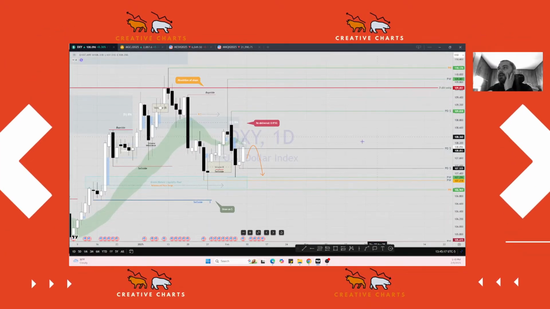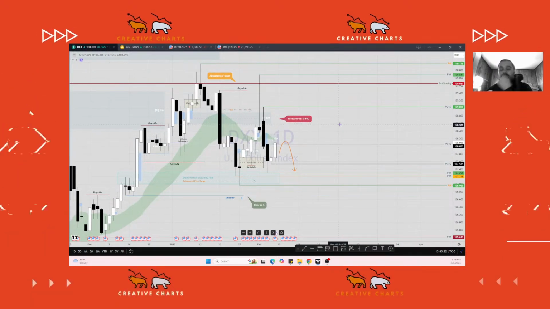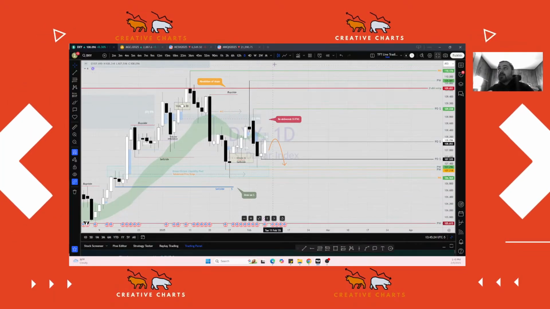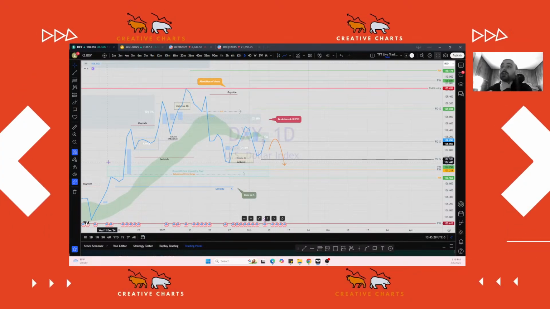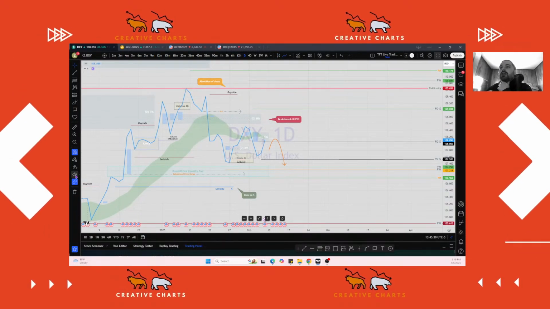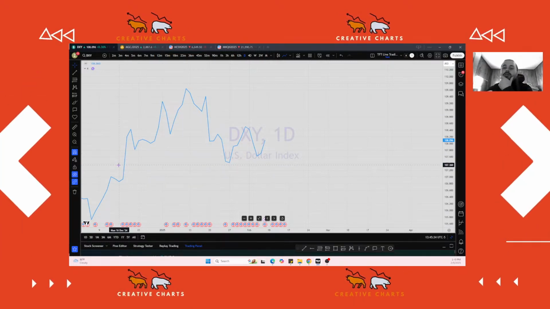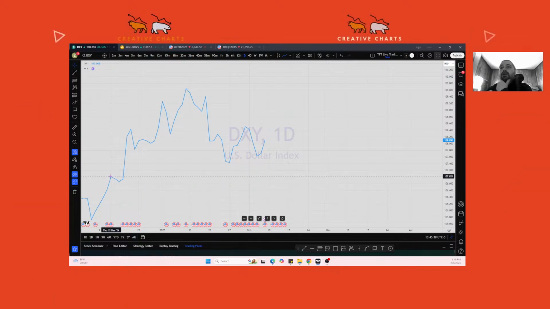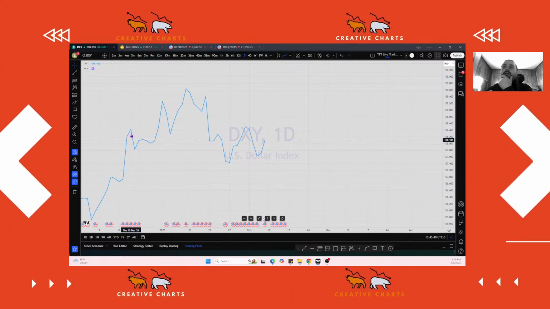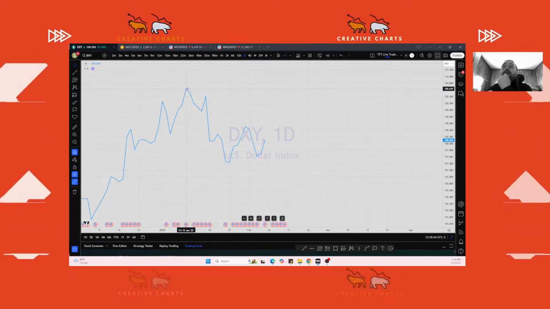Now if I was looking at this, I would consider this, believe it or not, a range, a higher time frame daily range, and I'll show you how I identify that. I like to use the line charts for identifying a few different things, but we'll just start with a range. So you had a higher high, higher low, higher high, higher low, higher high, higher low, higher high, right?